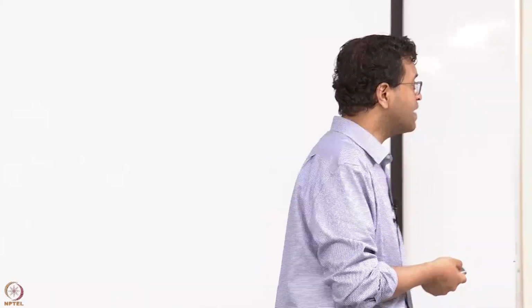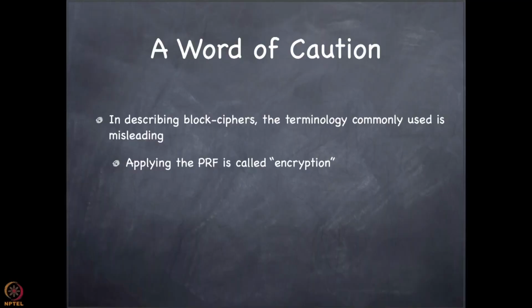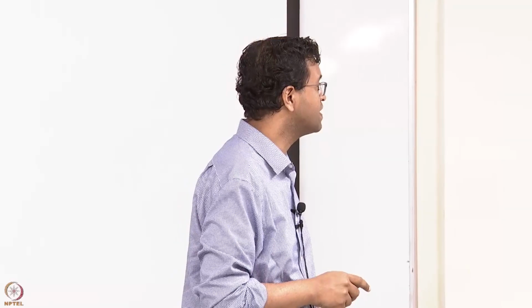So first of all, applying the PRF is called encryption. It's a deterministic operation, applying the PRF, but that operation is called encryption. It's not encryption, it doesn't meet our CPA security definition or anything, but that's just the legacy terminology.